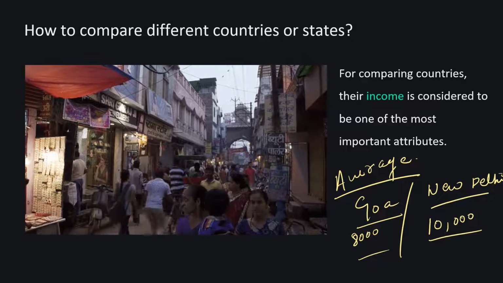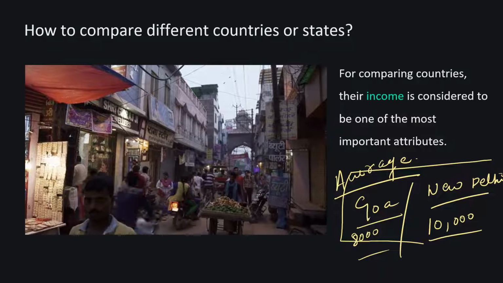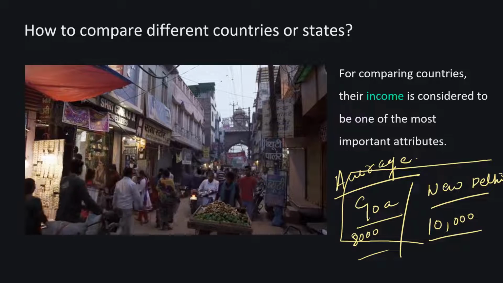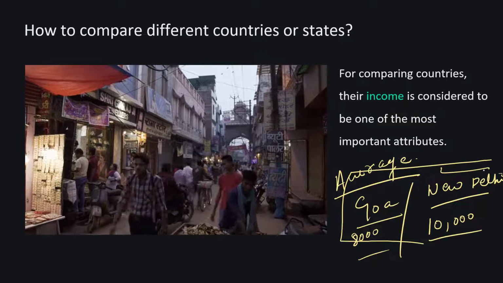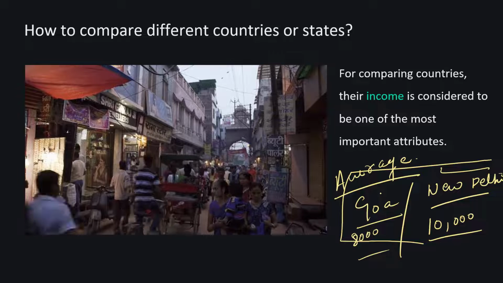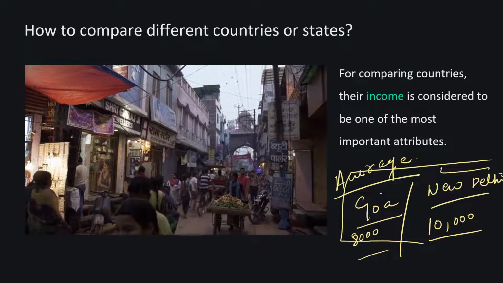According to this whole analysis, the state that is more developed will be New Delhi and not Goa, because of the average income.